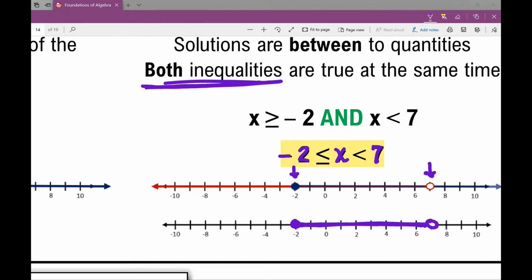Because x is going to be greater than or equal to the smaller number, and it's less than 7. Because it's greater than or equal to -2, that tells me I'm going to have a closed dot. Because it's just less than 7, that tells me I'm going to have an open dot, and then x is everything in between. Okay, so let's move on.